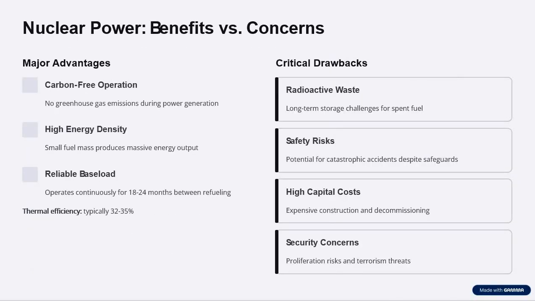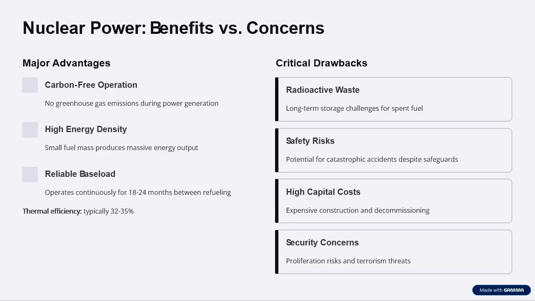The nuclear power plant has some benefits, and there are critical drawbacks. The major advantages are carbon-free operation, high energy density, and reliable baseload. Thermal efficiency is typically 32 to 35%, generally lower than the thermal power plant.